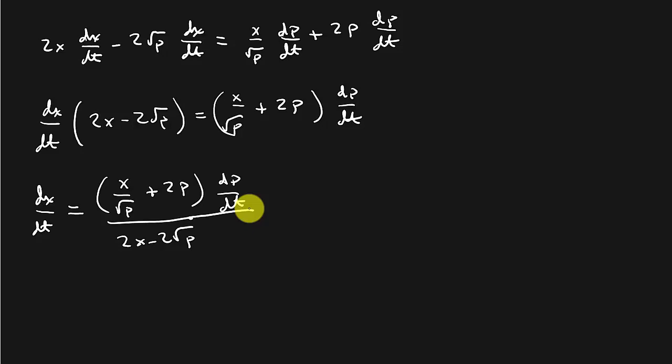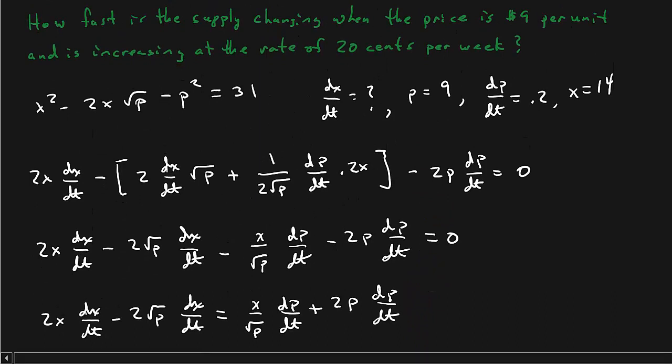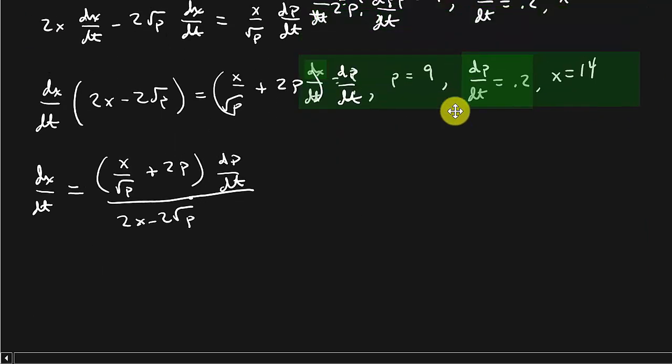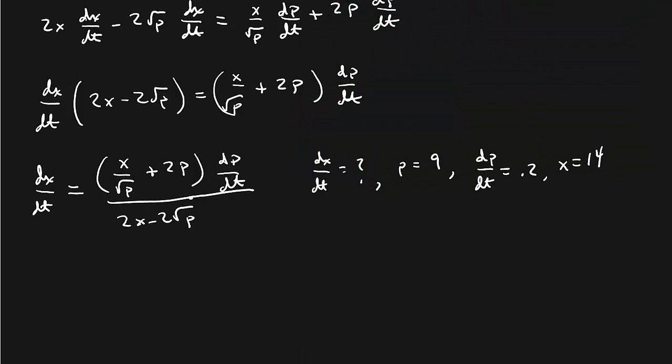All right, so here we go. So what are we doing here? We've got everything up here that we need. So let's just grab this and move it down so we don't have to rewrite everything. And now let's just plug everything in.